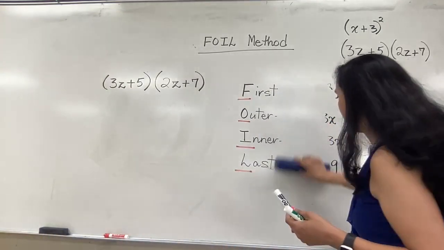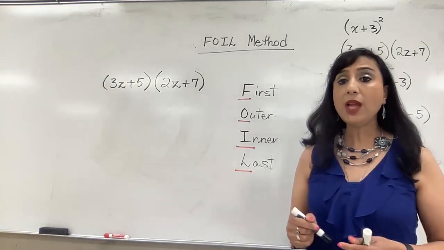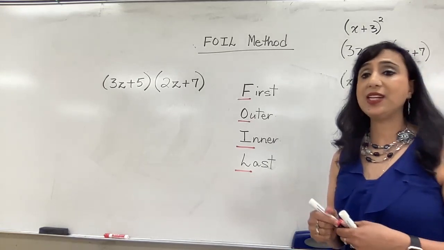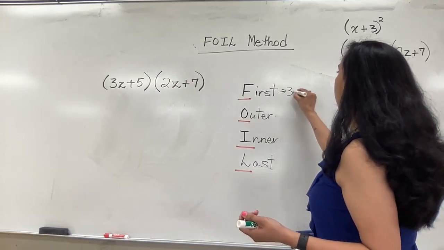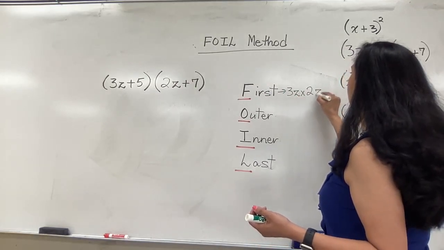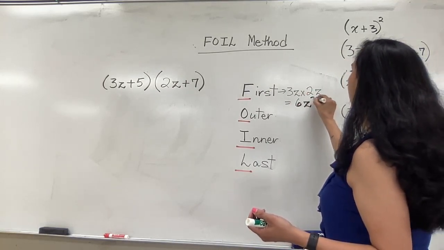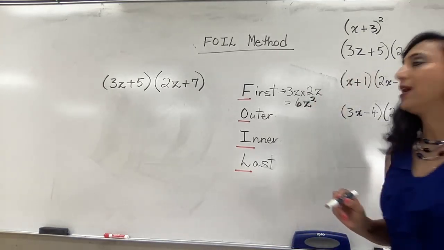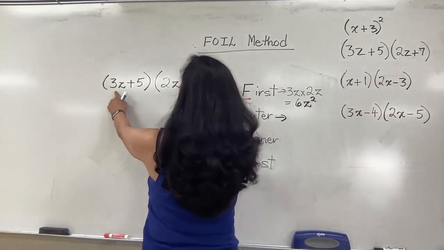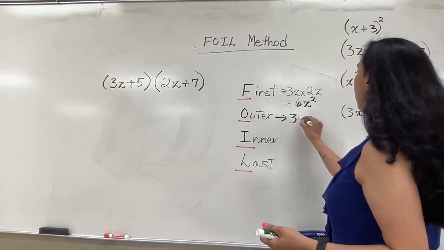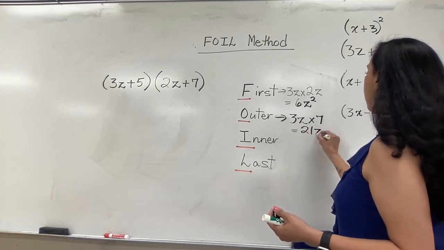Now that you've understood this process, let's look at the first one. The first one is 3z and 2z. So this is 3z times 2z, which gives me 3 times 2 is 6, z times z is z squared. Then I have the outer, which is 3z times 7. 7 times 3 is 21z.